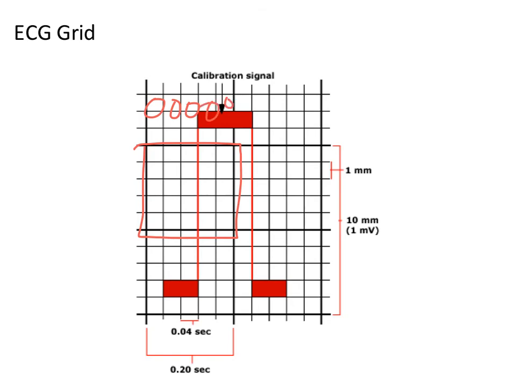In terms of speed or time, from one large box to another it's 0.2 seconds, and the time from one small box to another small box is 0.04 seconds, and that is what is represented on the x-axis. On the y-axis we have voltage, and 10 millimeters or 10 small boxes is equivalent to 1 millivolt.